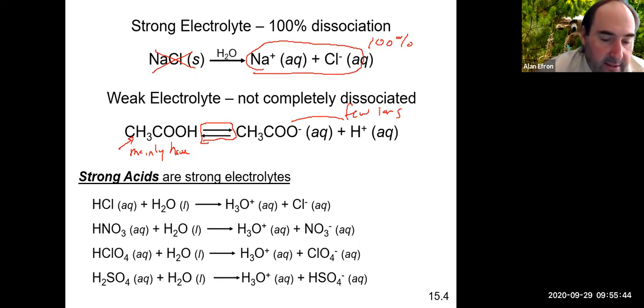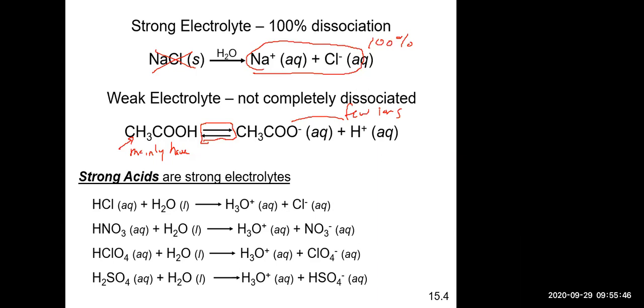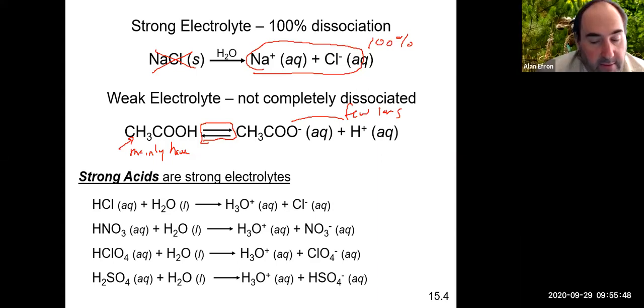So earlier we were talking about the difference between H plus and H3O plus. So here, if we take, for example, our HCl, this is really just showing that the hydrochloric acid is breaking apart, or dissociating, in water. And when we include the water here, the water is acting as our base, so it's accepting the H plus.